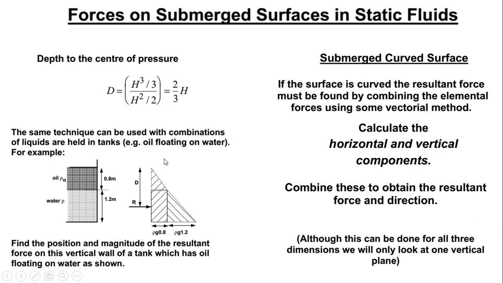So for curved surfaces, what we need to do now is to solve the problem in two parts. First, we find the horizontal component, and then we find the vertical component. Then we use the equation for finding the resulting force, which is equal to the square root of force in the horizontal squared plus force in the vertical squared.